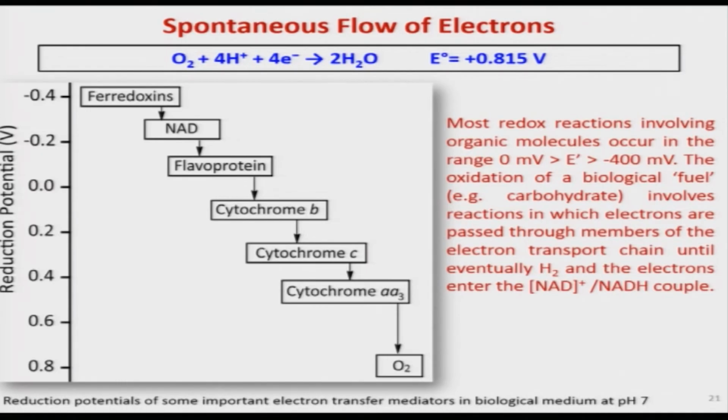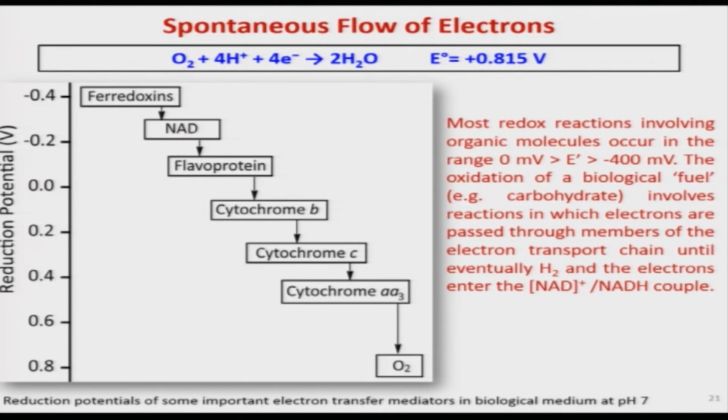You can see this chain of reactions. Electrons come to ferredoxin, which is at a potential of minus 0.4 volt, and ferredoxin gives the electron to NAD, and once it gives the electron to NAD, ferredoxin gets oxidized and can take another electron from the food source.